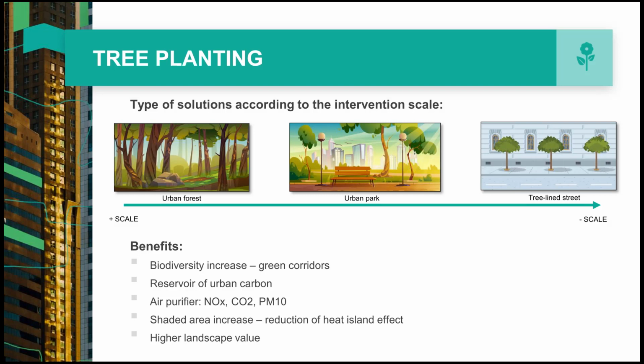Regardless of the scale, in addition to the biodiversity benefits, trees act as reservoirs of urban carbon and purify the air of pollutants such as nitrogen oxides, carbon dioxide, or certain particles that are particularly harmful to health. It also increases the shaded area, which reduces the heat island effect in the city.